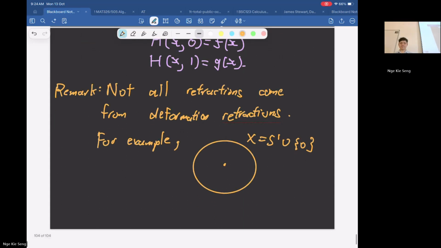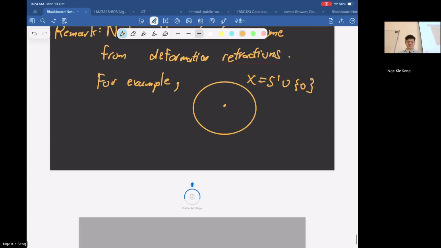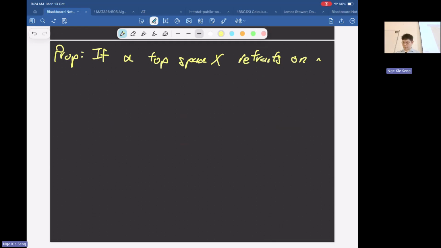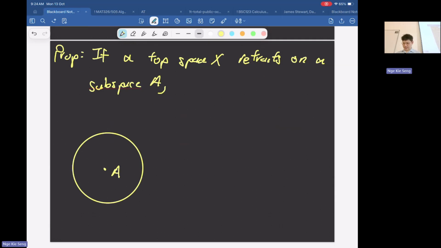In particular, the next one is useful already, and also useful for your assignment. If a topological space X retracts onto a subspace A, imagine your space X retracts to a subspace A.